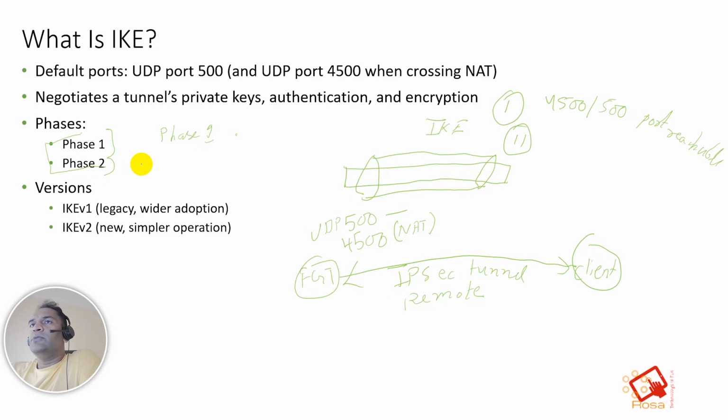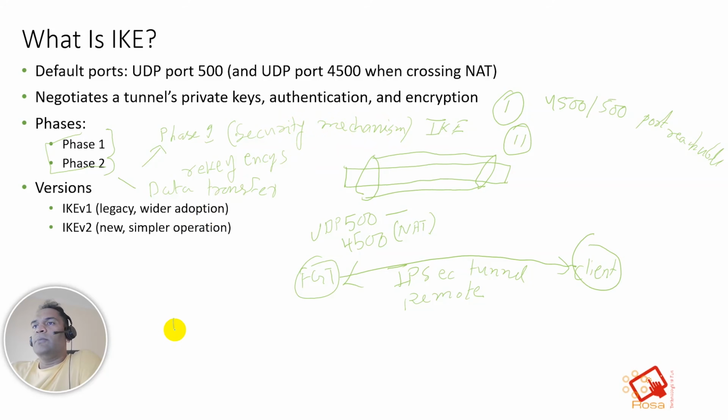And then phase 2 uses the parameters taken from phase 1 to establish the encryption for the data transfer. So phase 2 is the actual data transfer encryption, and phase 1 is the security mechanism, and phase 2 depends on phase 1, of course. So if any of these fails, the tunnel will not come up.